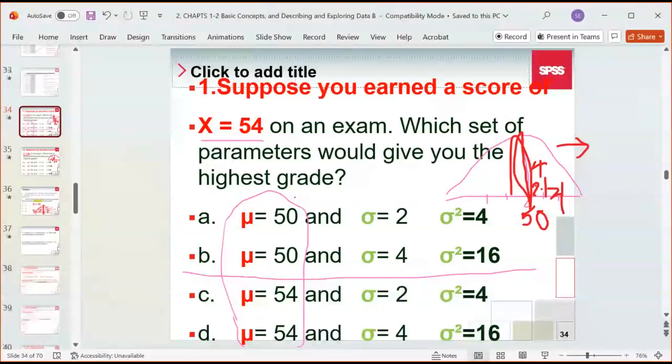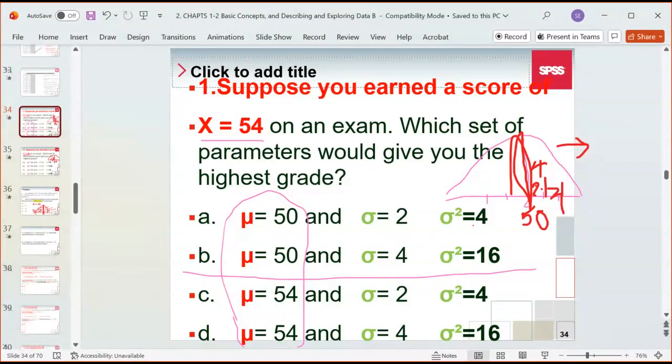Your score is 54. The mu means the mean of the class. If your score is 54, would you be better off if the mean for the class is 50 or 54? Of course, if the average student gets 50, you'll be better off because you're above the mean, above the average. So you select A or B automatically.